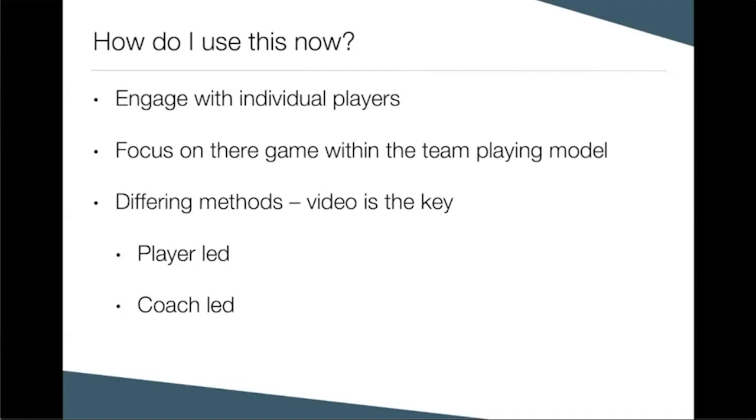But also footage of professional clubs that are playing a similar playing model to ourselves, close enough that we can send clips of those teams performing actions that are relative to our playing model. So that's just a couple of ways that I'm currently utilizing Huddle especially, but also video analysis as a whole.